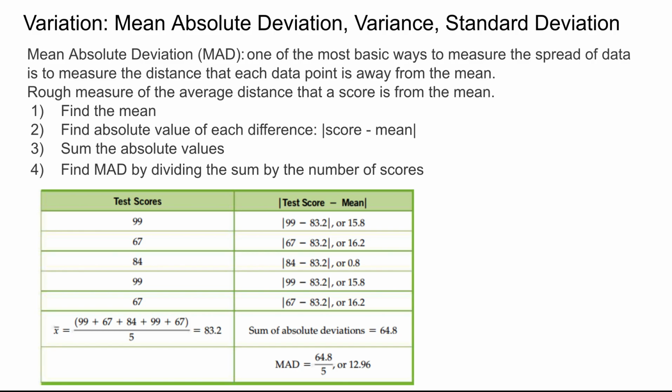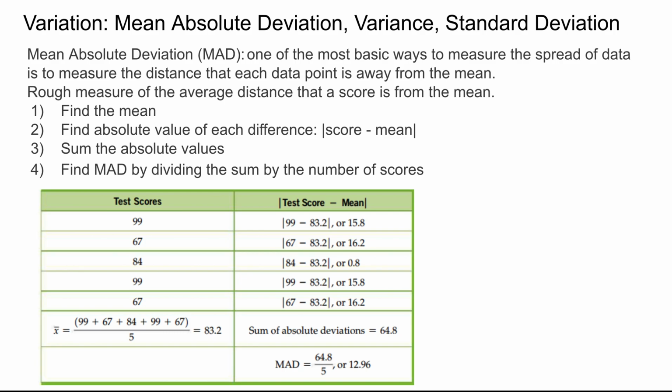Today we're gonna do a little bit more math here. It's not a hard concept. There are just more formulas for you to remember and use to calculate, okay? So we're gonna talk about the variation. The first one is mean absolute deviation.